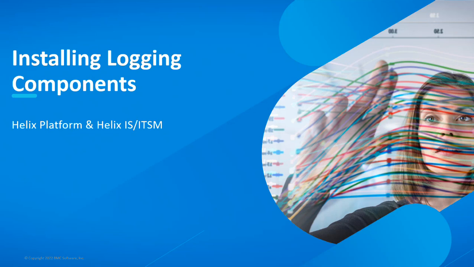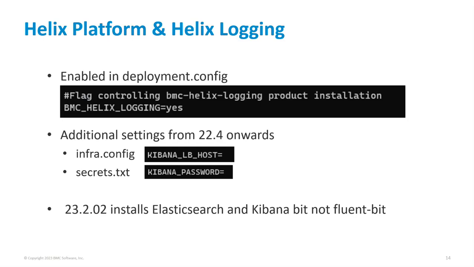So how do we actually get the different logging components installed? For the Helix platform and the BMC Helix logging, it's an option that's enabled in the deployment config file. A simple yes or no as to whether it's installed. A couple of extra options were added in the 22.4 release. So we now have a URL for the Kibana instance.